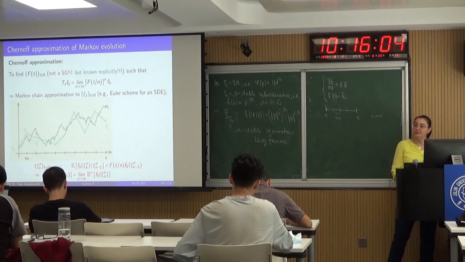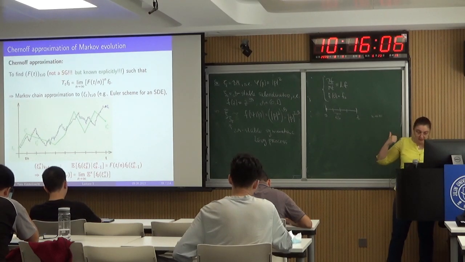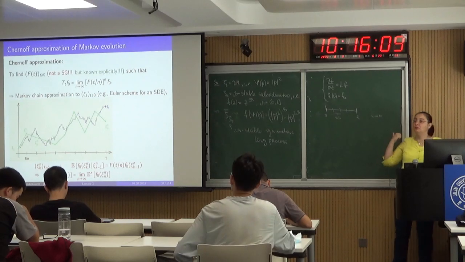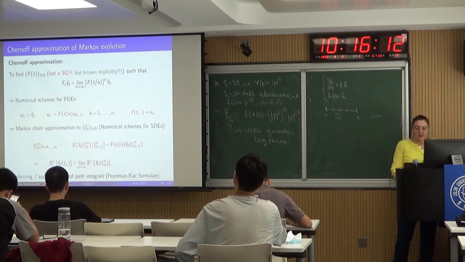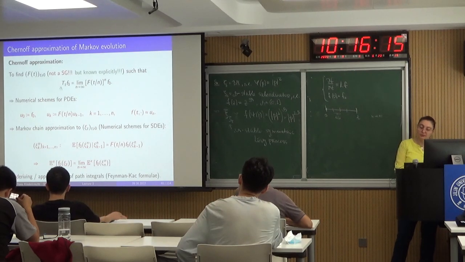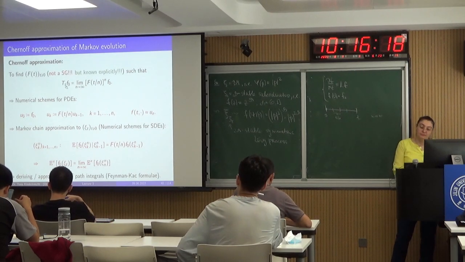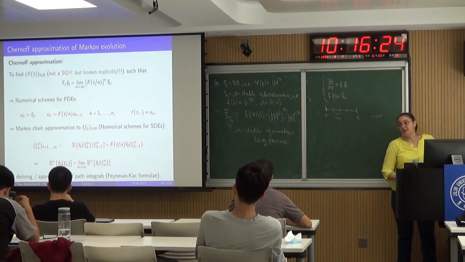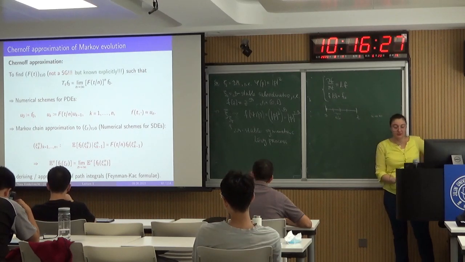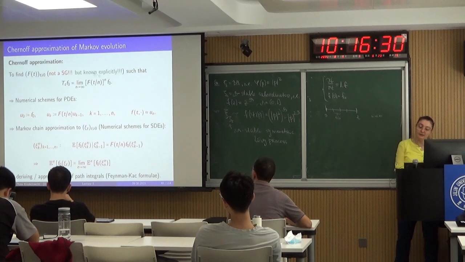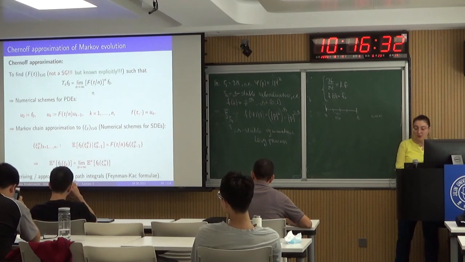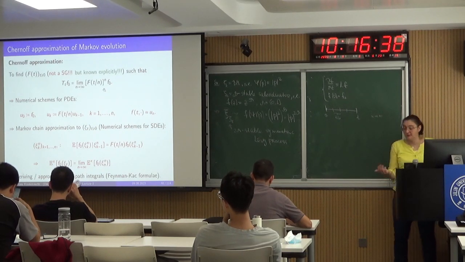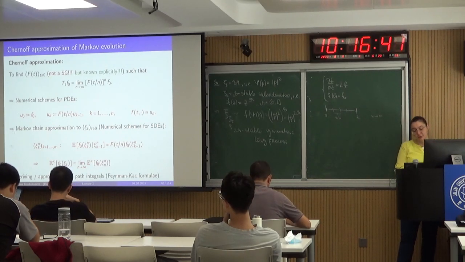So Chernoff approximation gives us numerical schemes for PDEs, numerical schemes for SDEs, and also, if the semigroup has a representation in terms of some path integrals, like the Feynman-Kac formula, an integral over some infinite dimensional path space, then the right-hand side can be understood as an approximation of a path integral. Or sometimes it gives rise to new path integral representations. So there are three aspects of Chernoff approximations. We will clarify all of them in simple examples.